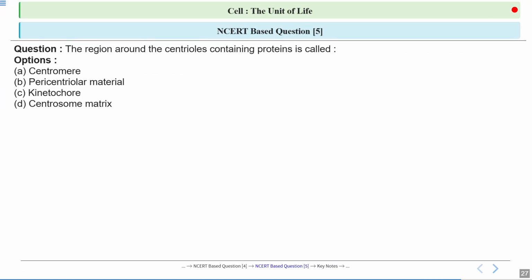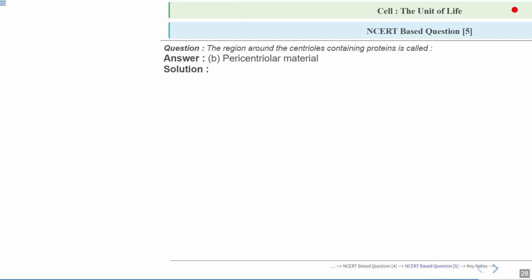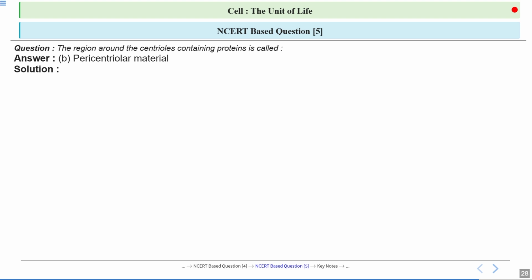Next question: the region around the centrioles containing proteins is called. Options are centromere, pericentriolar material, kinetochore, or centrosome matrix. What will be the correct answer? Okay, option number B, pericentriolar material, is the correct answer.